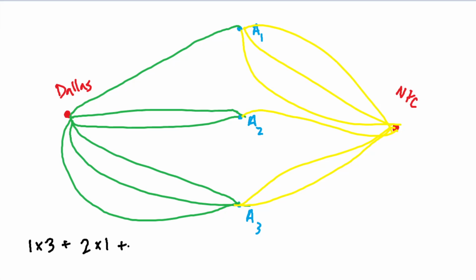And you have another 3 by 2 paths that go through airport 3, following the same logic. Clearly, this adds up to 3 plus 2 plus 6, which is 11. So there's a total of 11 possibilities that correspond to the given situation.